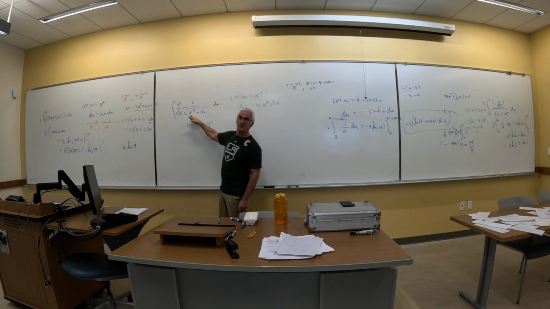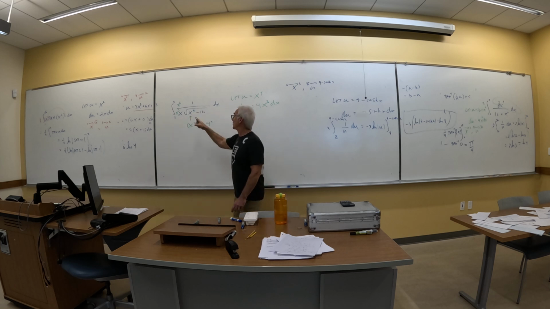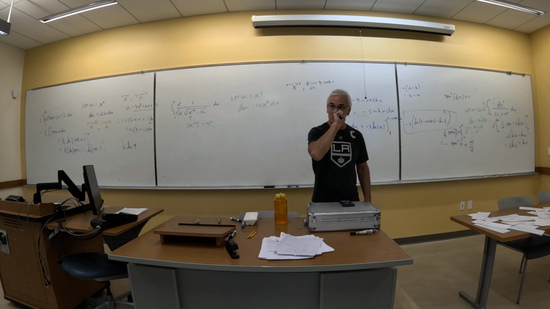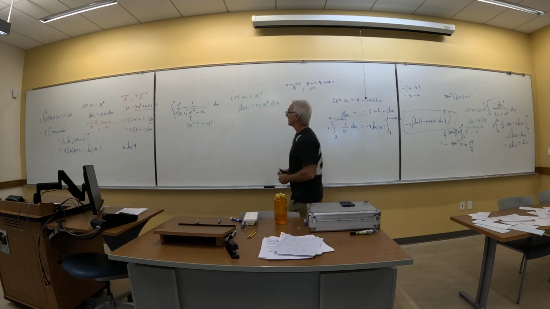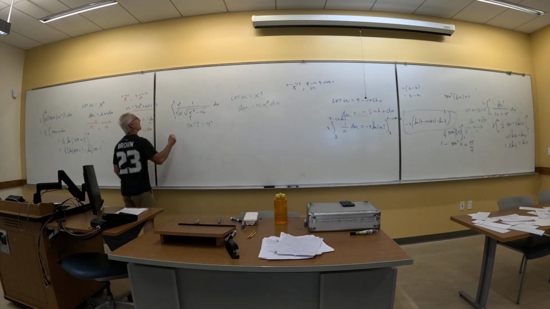That's why this is okay. So x can't be 0 anyway. Therefore, is this a legal move? Yes. If x could in fact be 0, then we get in trouble with that one. But x can't be 0. X got to be something bigger than 0. So we're good. Well, but I need a 4x cubed.